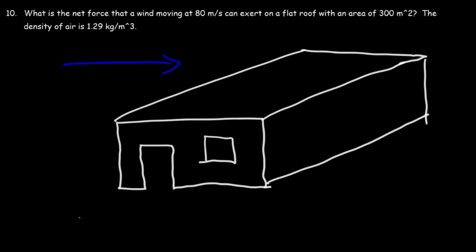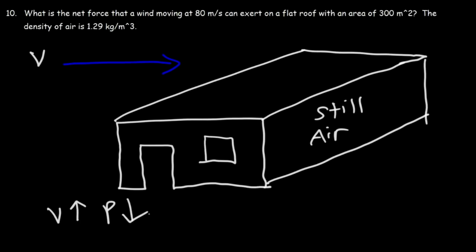What happens to the pressure if the velocity is increasing? Inside the house, you have still air. So the air is basically not moving inside the house. But outside the house, there's a wind. Now, based on Bernoulli's equation, when the velocity of the fluid increases, the pressure should decrease.